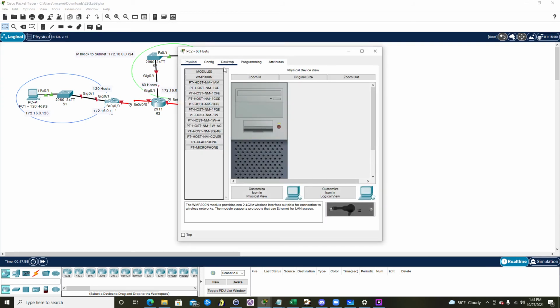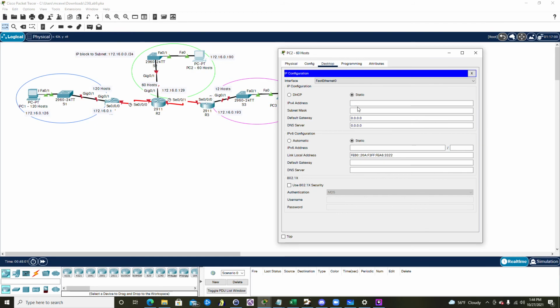Now for PC2, its default gateway is going to be a little bit different. Remember, each LAN has its own individual default gateway, its own doorway to leave its network. So for network 2, we have 172.16.0.